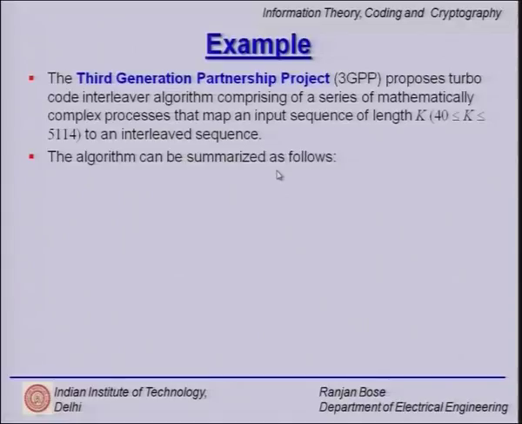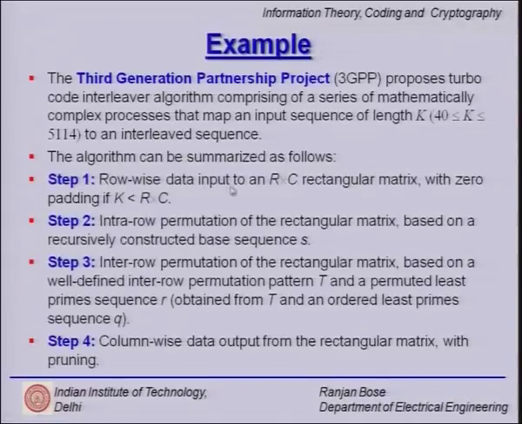Let us summarize the algorithm. Step 1: the data is input row wise to an R cross C rectangular matrix with zero padding, where K is less than R cross C, so I have to fit those many bits into a matrix. R and C represent the rows and columns.